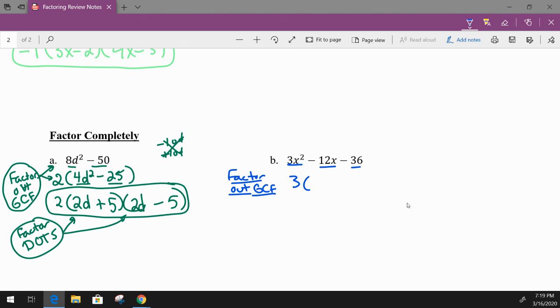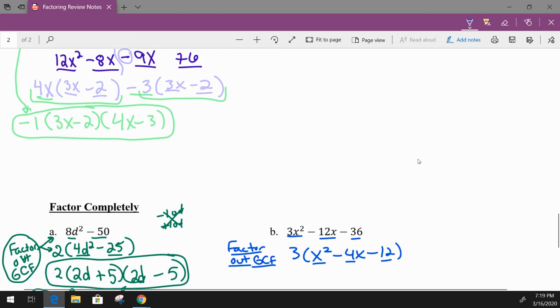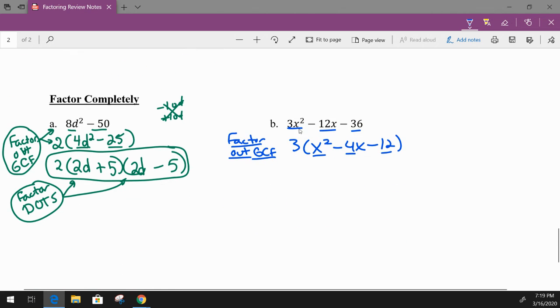So factor out a 3 from all 3 terms, and you'll have x squared minus 4x minus 12. So again, you have 3 terms here, there must be 3 terms here. Now, every once in a while, you might have to put a 1 in for the constant. That does happen quite a bit. But if there's 3 terms, you have to have 3 terms, even if it's a 1.